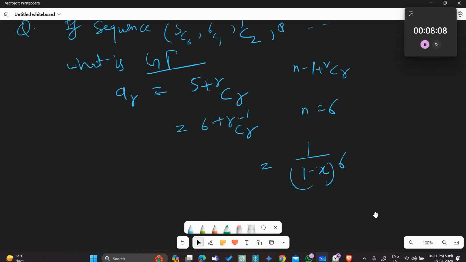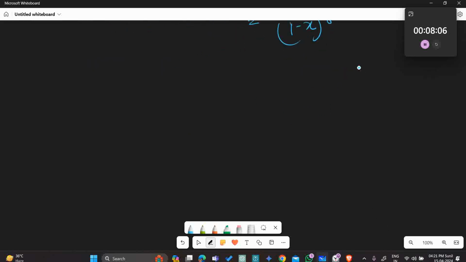Alright guys. The next question for us will be, if the generating function 1 plus x to the power n is equivalent to the sum for r equal to 0 to infinity of nCr into x to the power r.